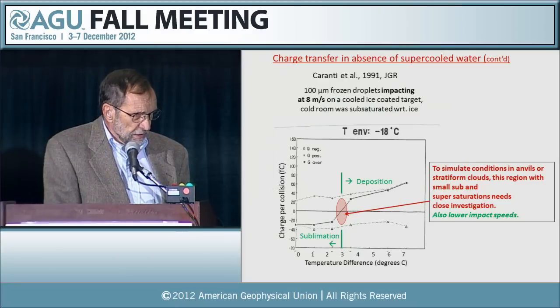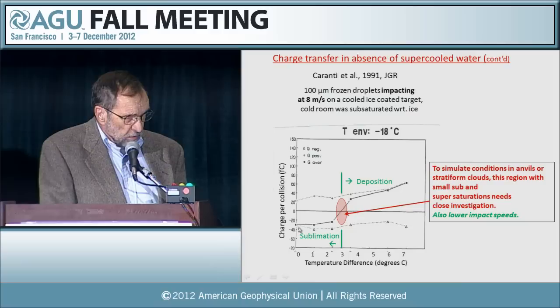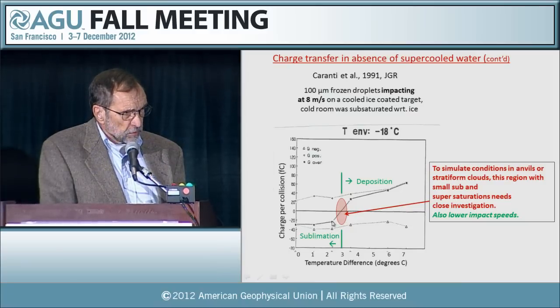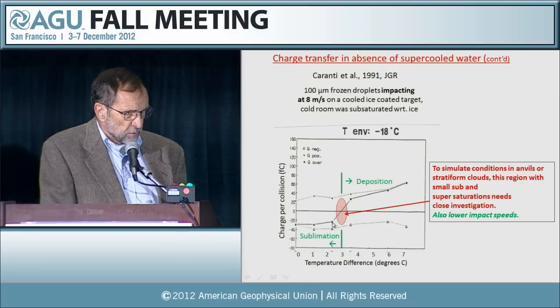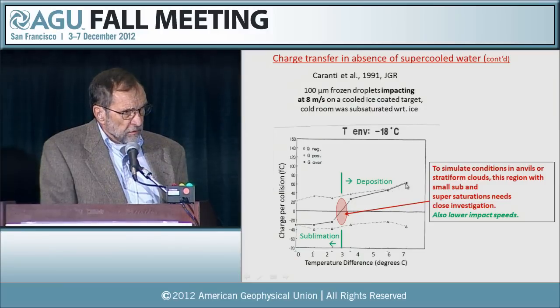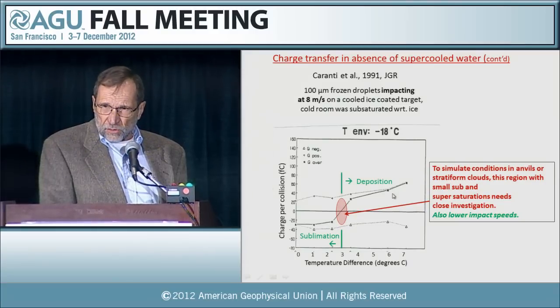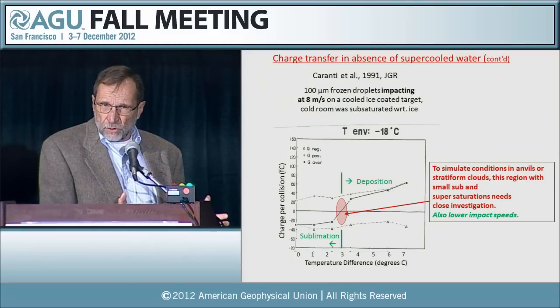I keep losing the arrow. There we go. So here it's minus 30 femtocoulombs per collision, relatively independent of the subsaturation of the target. If we go into the region of deposition, then we have much, much more charge produced. Now these are with sub- and supersaturation conditions of a couple to a few degrees.